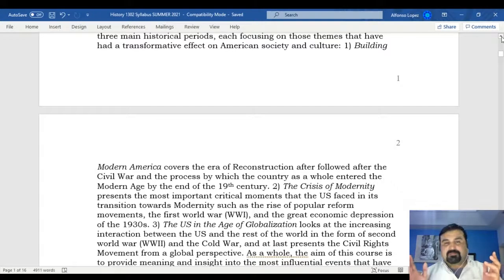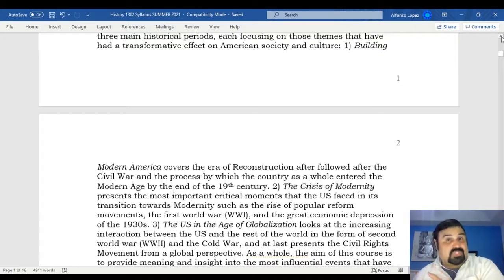Building Modern America. We're going to cover in this very first historical period how the United States was becoming a modern industrial nation in terms of developing a new science.